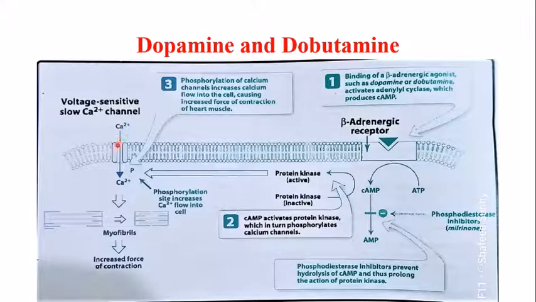These calcium channels open and calcium comes in through the voltage sensitive slow calcium channels, and the phosphorylation of the calcium channel increases the calcium flow, causing an increased force of contraction of the heart muscles. This is the mechanism of action of dobutamine and dopamine.